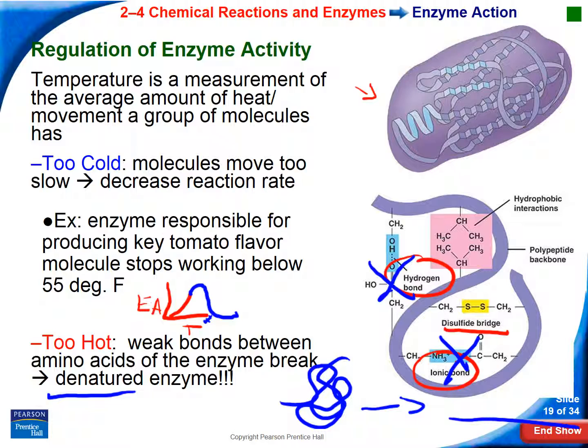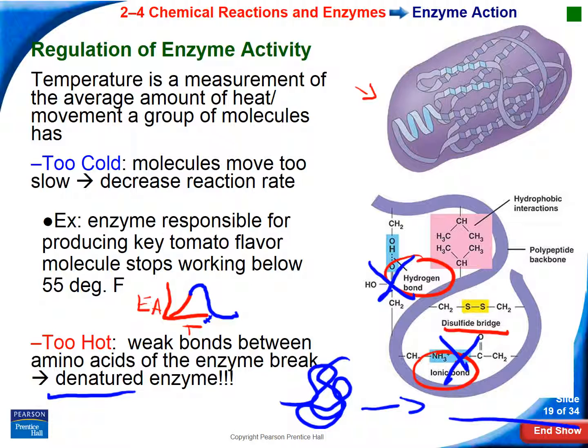It involves sulfur. And so if we start moving too quickly, then these bonds start to break. If those bonds start to break, our enzyme will go from this pretty weird little S-shapey thing to a straight line. If that happens, our enzyme is now denatured.